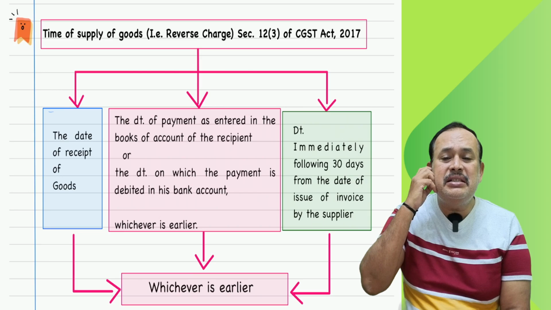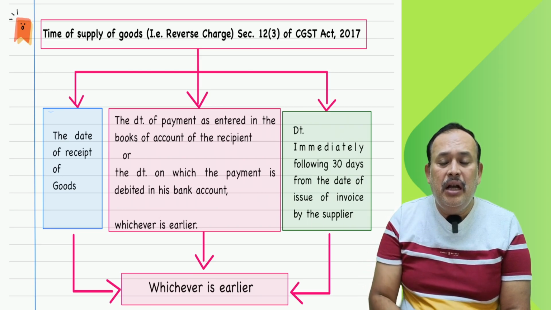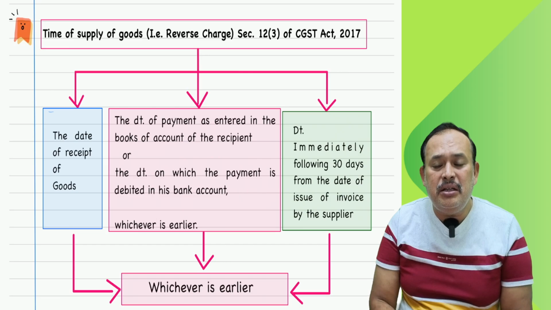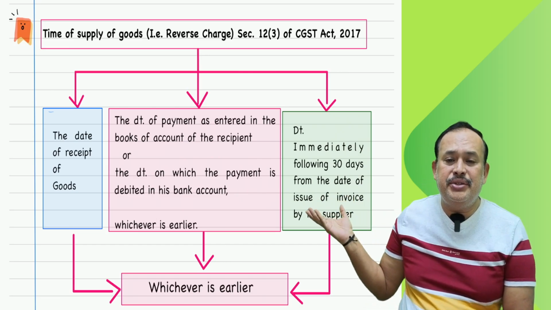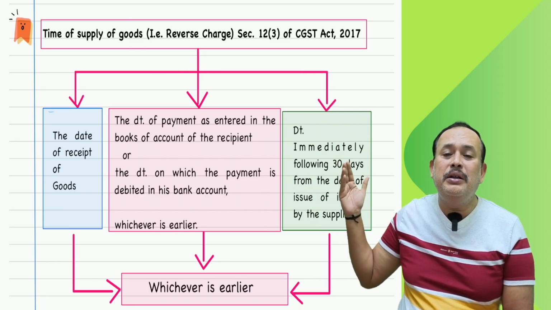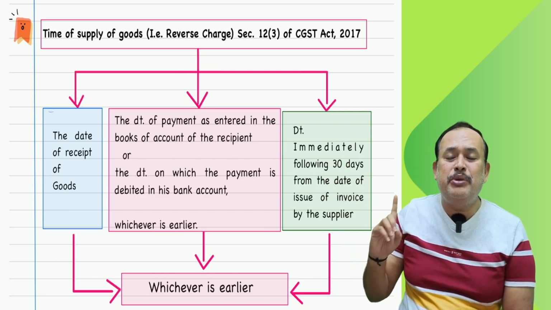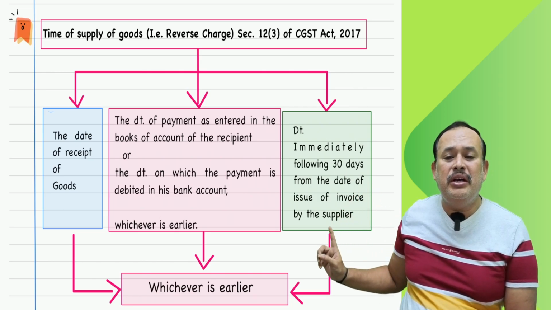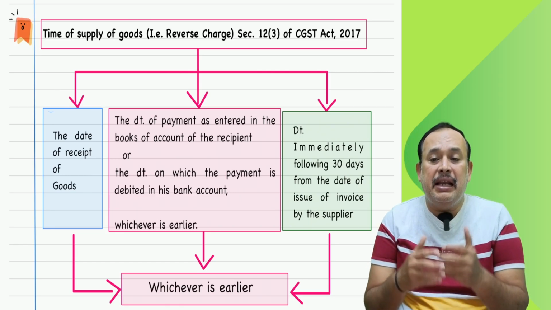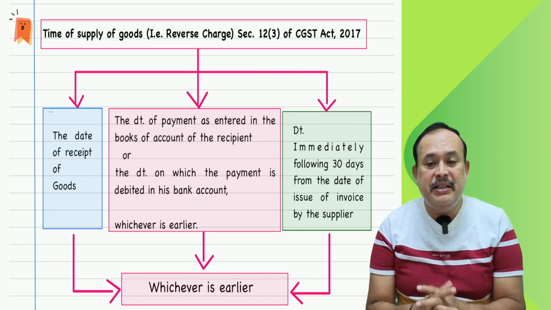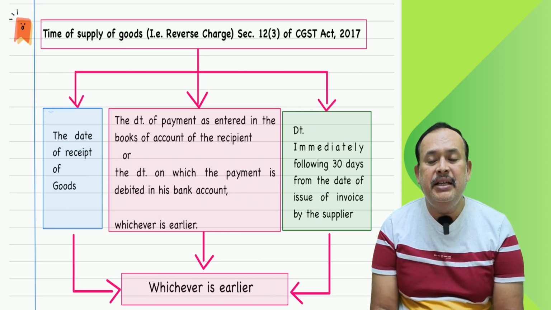Among the three, whichever is earlier. I will say here 30 days means what? First day that occurs after expiry of 30 days from the date of issue of invoice. Among the three, whichever is earlier is the time of supply.